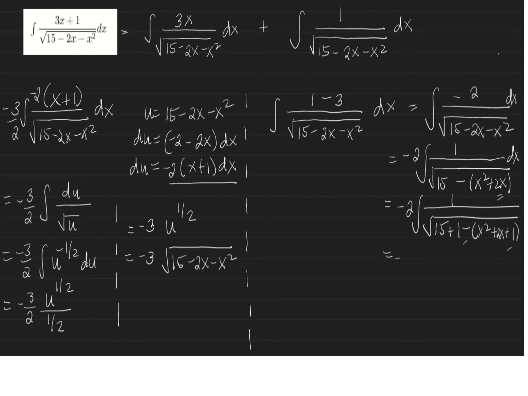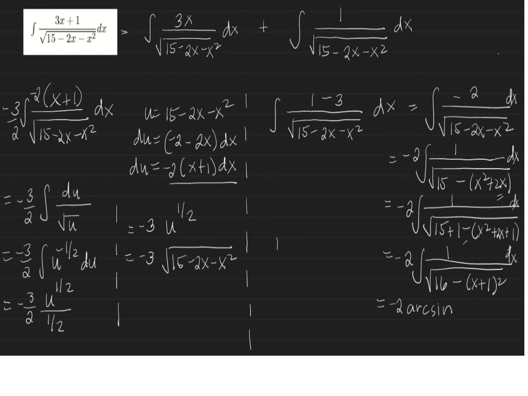So this becomes negative 2. So we also have dx. So this is 1 over 15 plus 1, which is now 16, minus, we write our perfect square trinomial as x plus 1 squared and then dx. And we are now going to use the inverse, specifically arc sine. So the answer will be negative 2 arc sine of u over a.